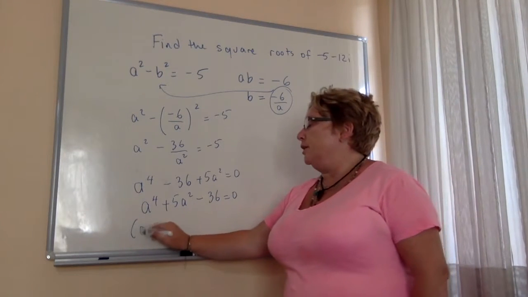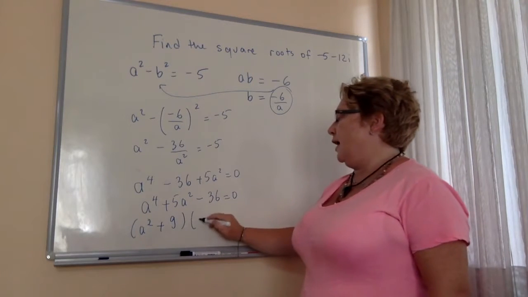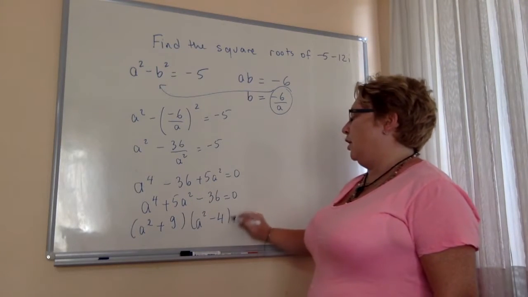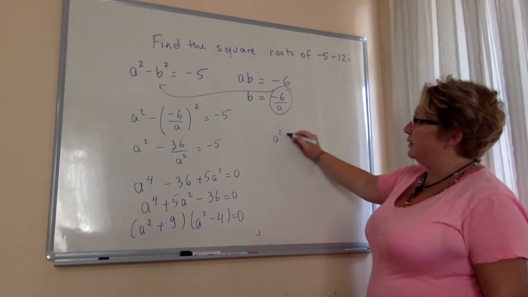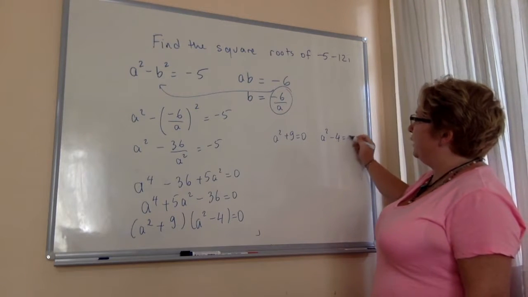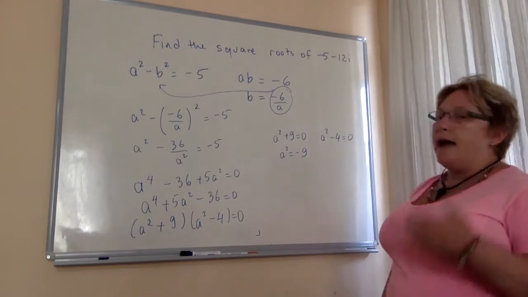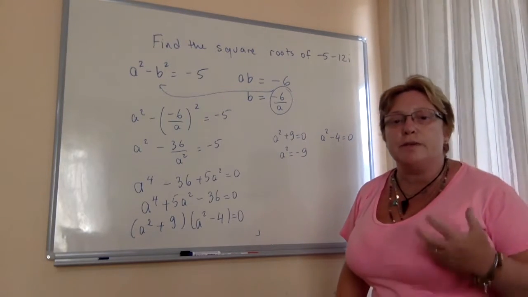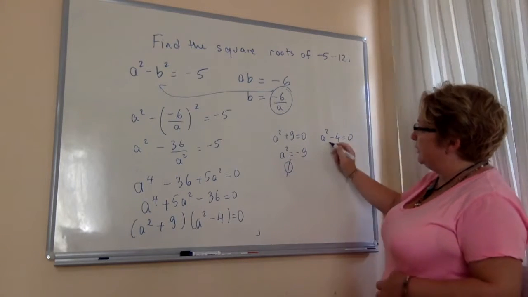This will be factored as a squared plus 9 and a squared minus 4. So I can have a squared plus 9 equal to 0, or a squared minus 4 equal to 0. Here I get a squared equal to minus 9, and a and b were supposed to be real numbers, so nothing comes out from this one.